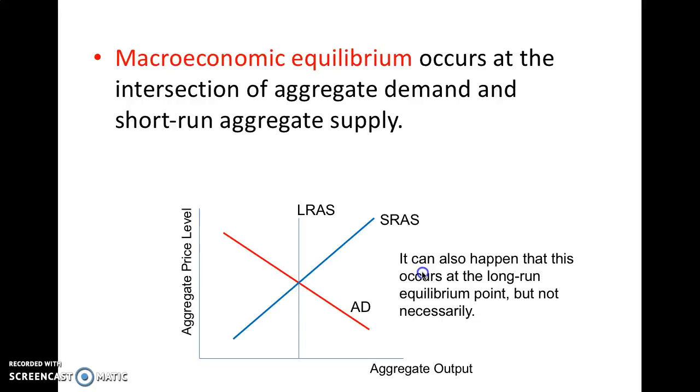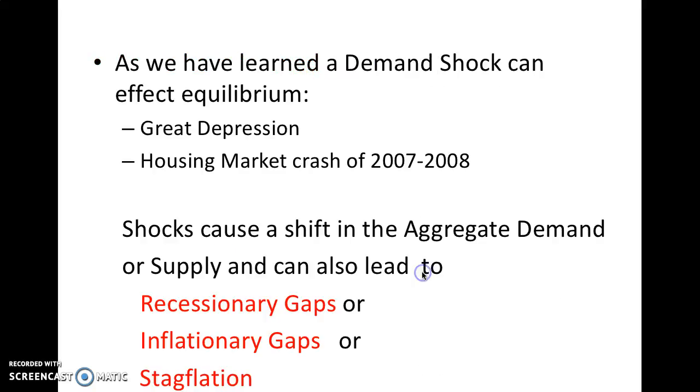Beginning at this point, you should all be very fluent in how to create that graph. Demand shocks and supply shocks can lead to recessionary gaps, inflationary gaps, or stagflation. And we're going to talk today about how that happens.